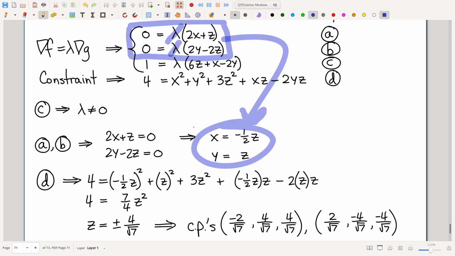Is everybody super clear on this, by the way? You can't cancel zeros? Is everybody 100% clear? Okay. Because keep in mind, canceling is dividing. You can't divide by 0. So I need to first establish that it's actually okay to cancel the lambdas, and here's the thing. That right there tells me that lambda is definitely not 0. And if lambda is not 0, then it is in fact perfectly fine to cancel the lambdas.